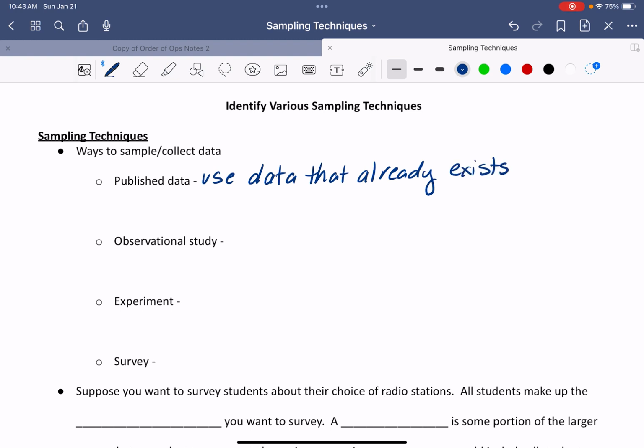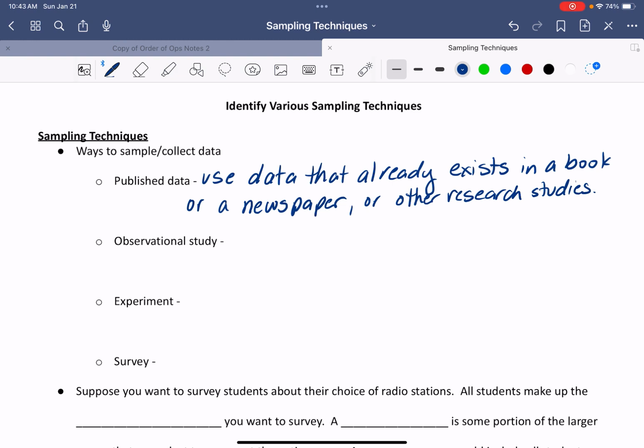Well, it could be data that's in a book already, something that's been published, or, for example, a newspaper, okay? Or even other research or other research studies, okay?